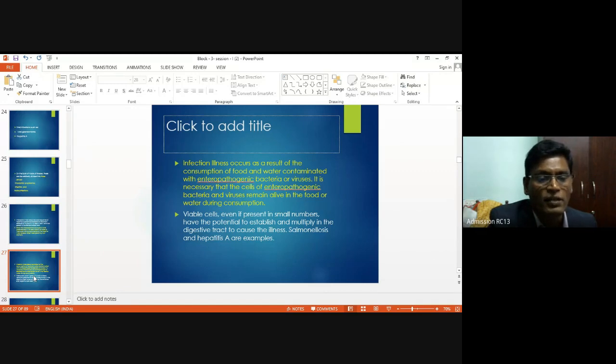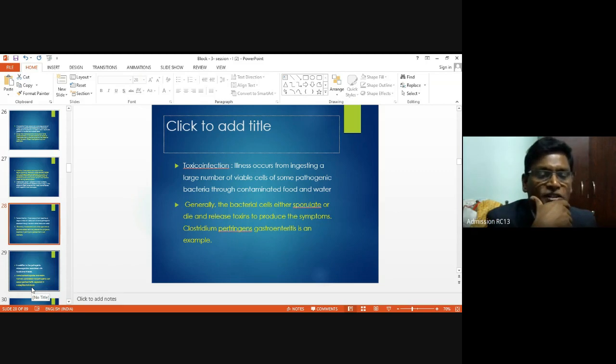The viable cells, even if present in small numbers in the stomach, have the potential to establish and multiply in the digestive tract to cause the illness. Salmonellosis and hepatitis A are examples of this kind of disease.